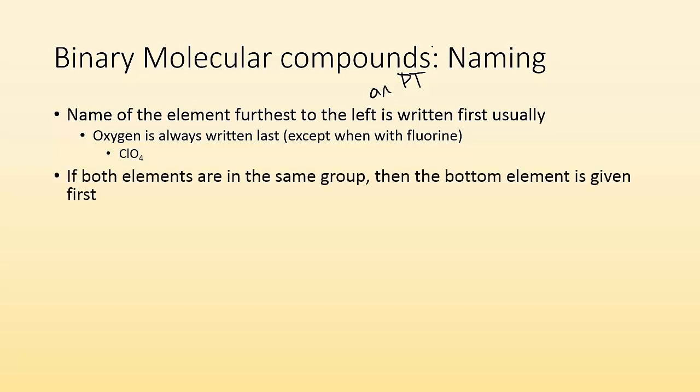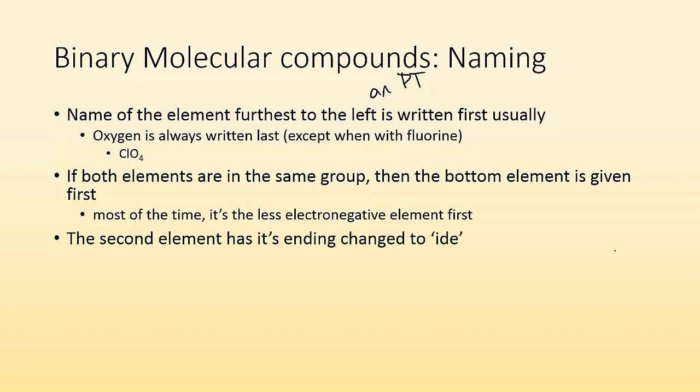If both elements are in the same group, then the bottom element is given first, because most of the time it's the less electronegative element. You put the more positive thing on the left side, just like with ionic compounds, where you put the cation first. With these molecular compounds, you put the less electronegative thing first because it's going to become more positive than the rest of it.